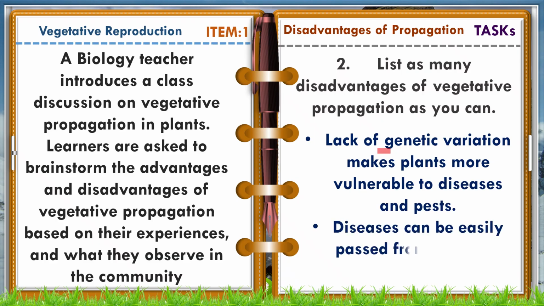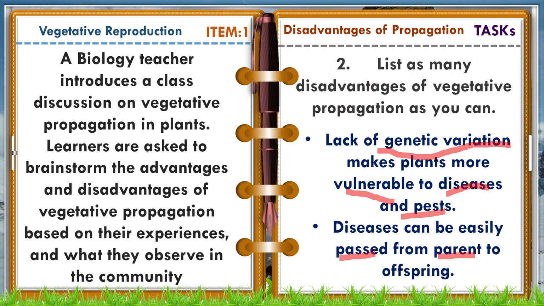There is lack of genetic variation, and this makes the plant more vulnerable to disease and pests. Diseases can easily be passed from the parent to the offsprings.